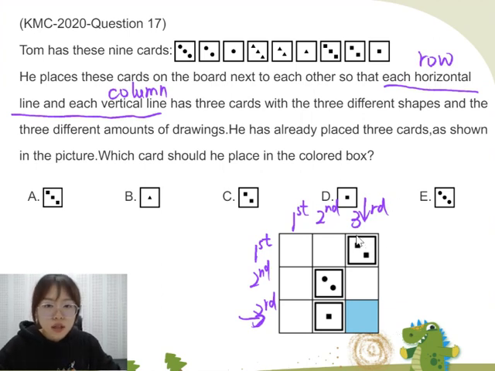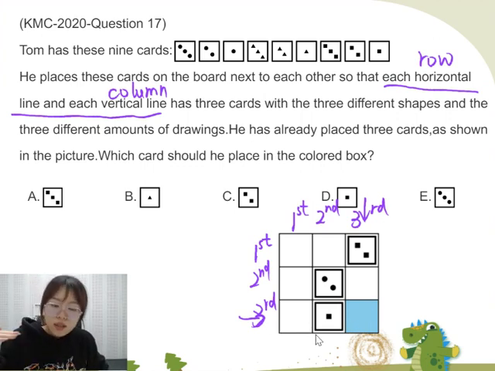In the third column, we already have one card, which is the 2 squares. And we know there can be repetition of numbers? Can it be 2? It can be 2. So what about 1 and 3?